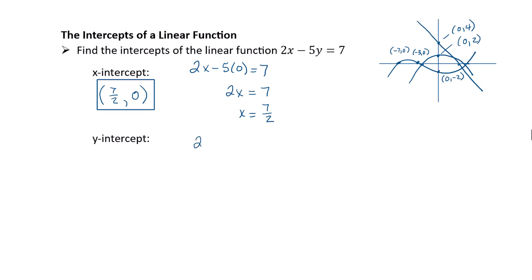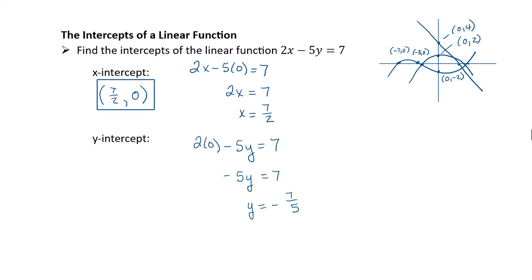So that's what we'll do in our original equation. Replacing the x with 0, we know that 2 times 0 is 0. So that gives me a -5y equals 7. And dividing both sides by -5, I get y is -7/5.